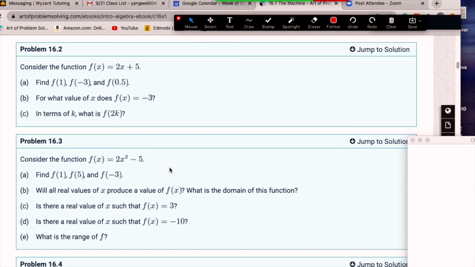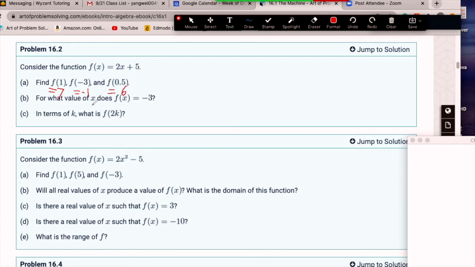Now f(1), that means you plug in x equals 1, you get 2 plus 5, this one equals 7. f(negative 3): 2 times negative 3 is negative 6, negative 6 plus 5, you get negative 1. Now this one, 2 times 0.5 is 1. 1 plus 5 is 6, right?